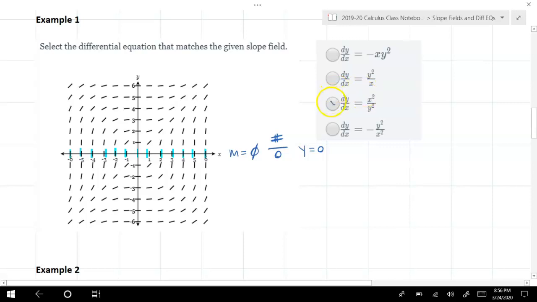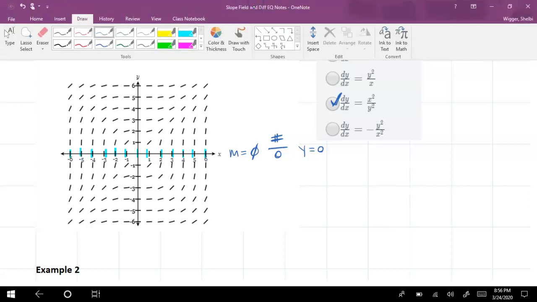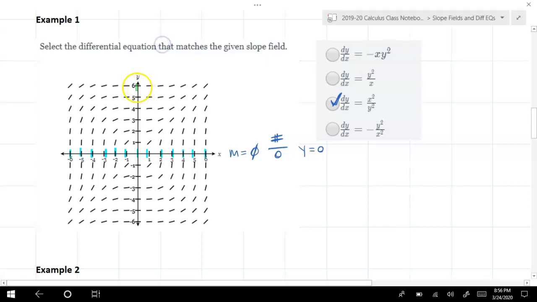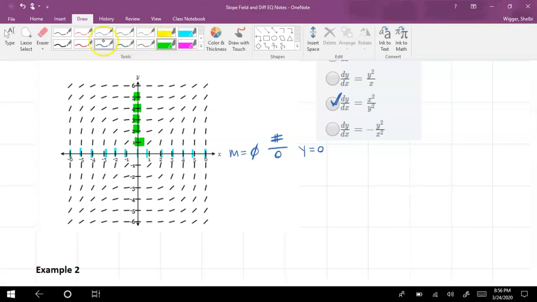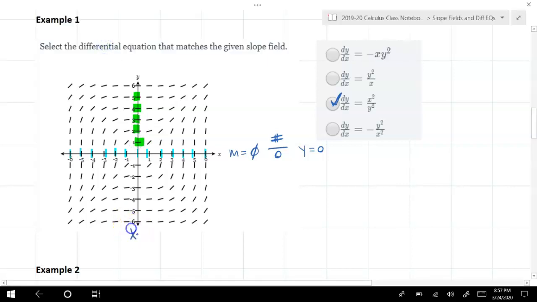So this will only happen when y equals 0 in the denominator of a fraction. And only knowing that eliminates all others. So only checking the vertical tangent lines in this case led us to the solution. Now we could check others. If that didn't eliminate all others, I would check the horizontal lines, which occur when x equals 0.